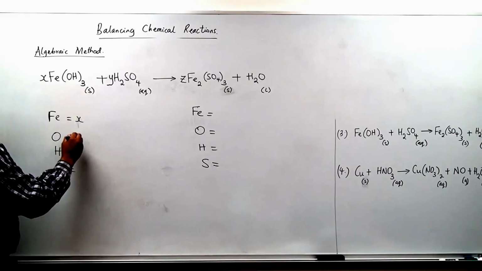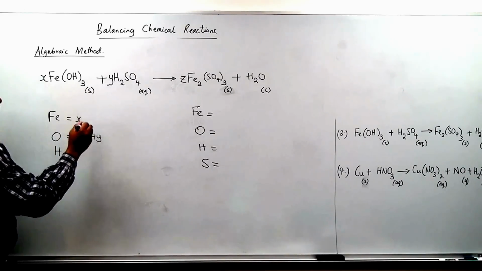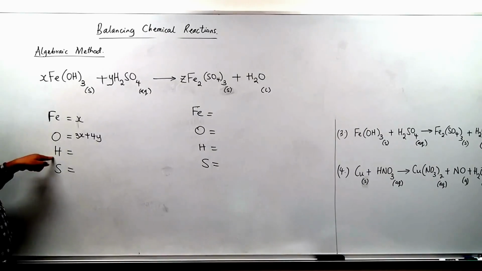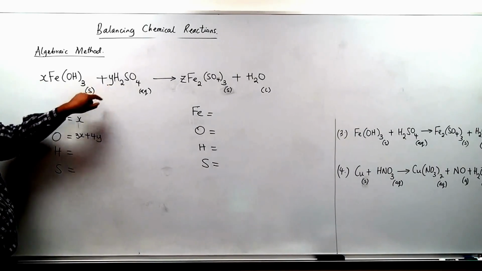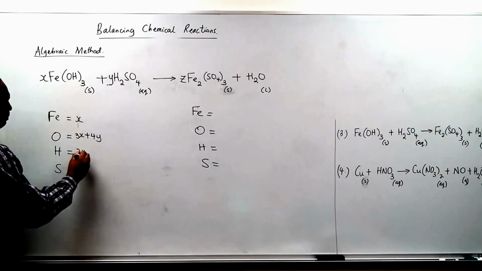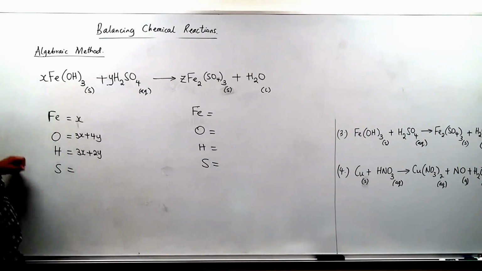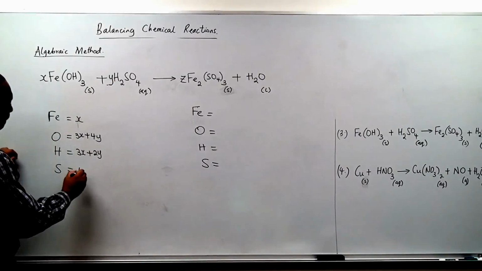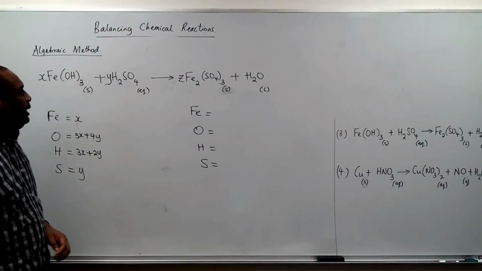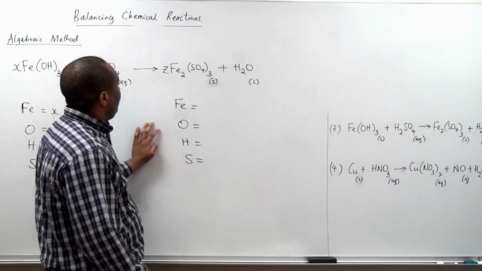So we have 3X plus 4Y. Hydrogen is 3X here plus 2Y. So we have 3X plus 2Y. And sulfur here is Y.